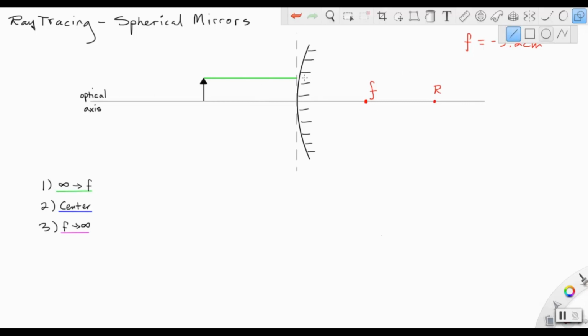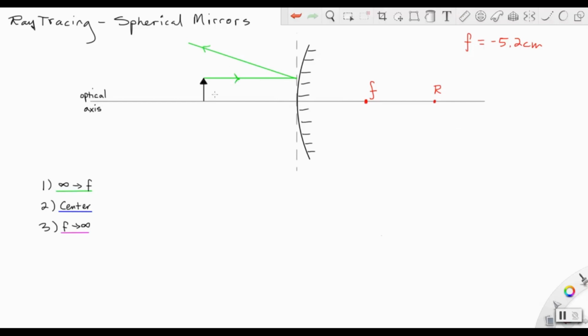Now this is hitting a mirror, so how's it going to bounce? Well, we've already looked at this from the standpoint of from the radial line there's a normal, and we're using the law of reflection. This thing is going to bounce away from the focal point. So using our ruler, we can put this spot on the focal point, and extend to where the ray meets the optical plane, and that should be where it bounces off.